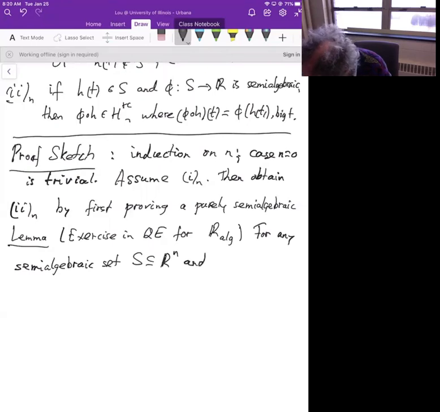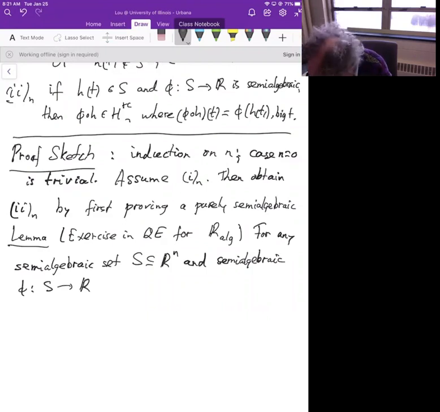By the way, when I say semi-algebraic function, that means, of course, that the graph of the function is semi-algebraic. I do not assume that the function is continuous, although one can always reduce to that case, but by o-minimality. And semi-algebraic function phi from S to R.